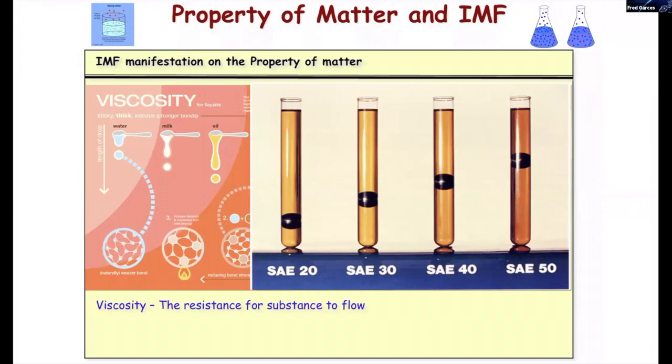What they do is they take these chemicals, put them in a graduated cylinder, and take a ball bearing and figure out, if they drop the ball bearing, how fast does it go to the bottom? Depending on the viscosity, it's going to be very slow, like molasses or honey, or very thick oil, or very fast.